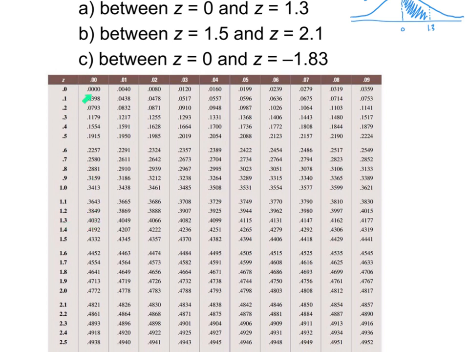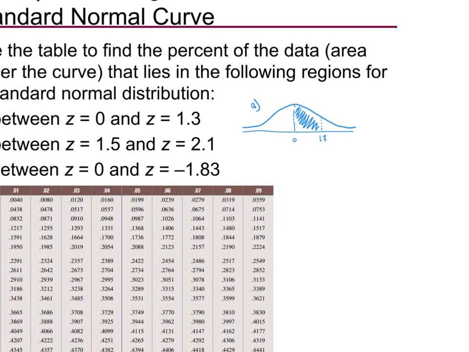So 1.30 is right there, and those meet at that area right there, 0.4032. All right. So on my picture, I'm going to label this area equal to 0.4032. All right, and that's it. That's all you have to do for A. It's not always that easy, but in the case of A, that's all the work that we have to do.